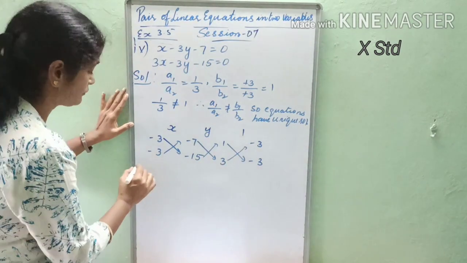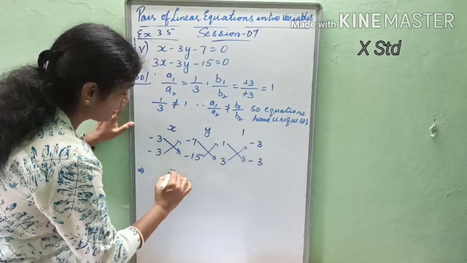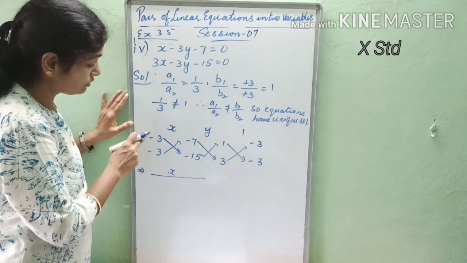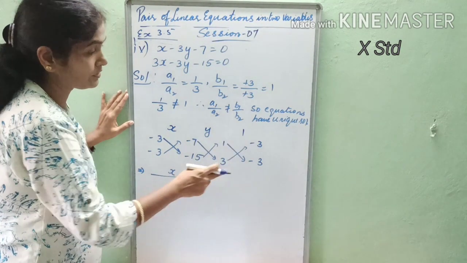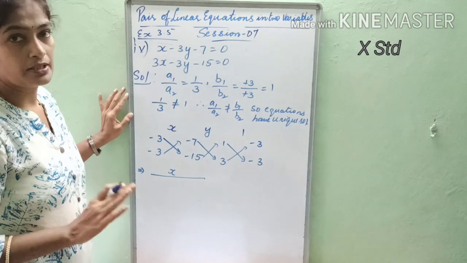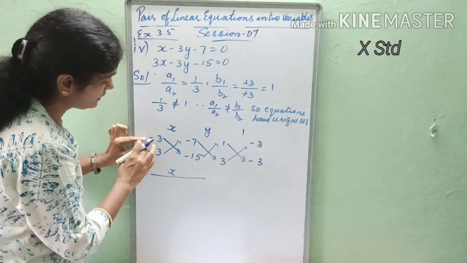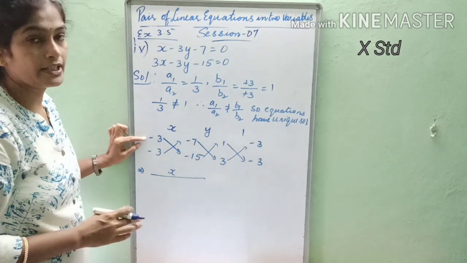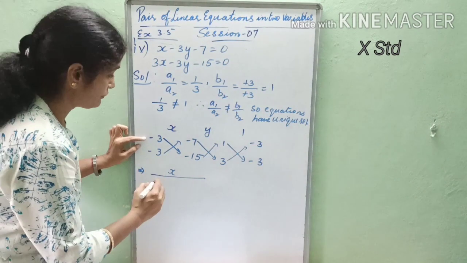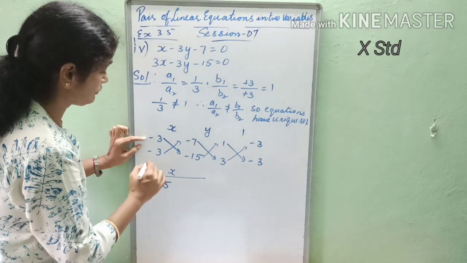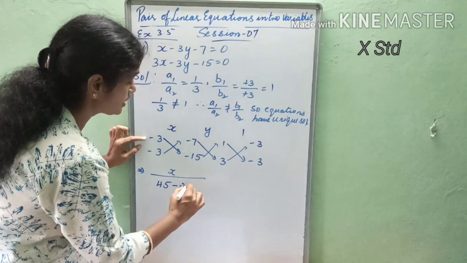Fine. Therefore, now how to find out? It is x by... once again I am reminding you all, don't ever try to cancel these signs, because if you do so, then your entire problem goes wrong. Therefore, x by minus 3 into minus 15, so that is 45, then plus 45, and here it is minus 21.